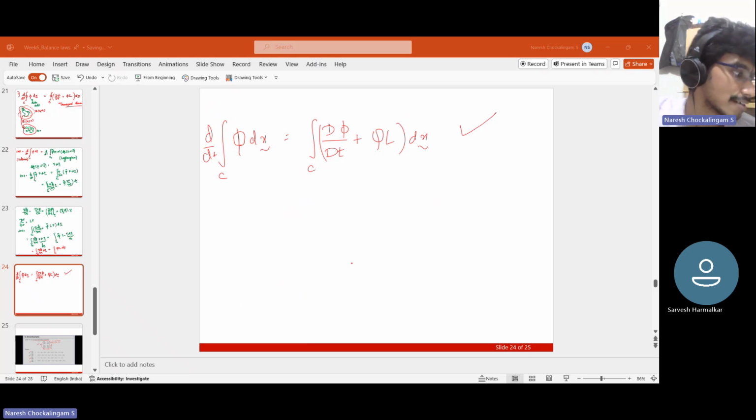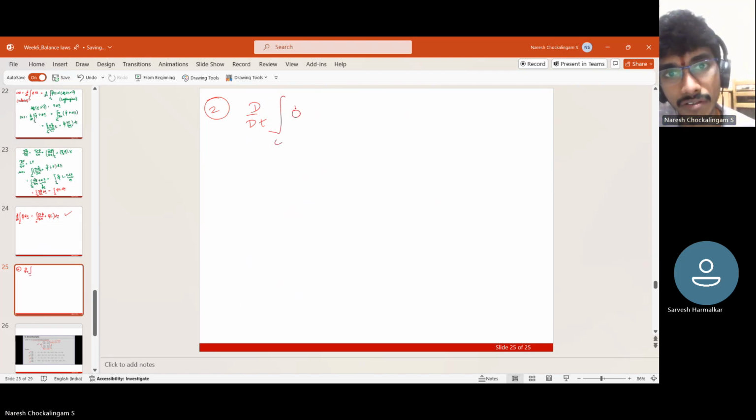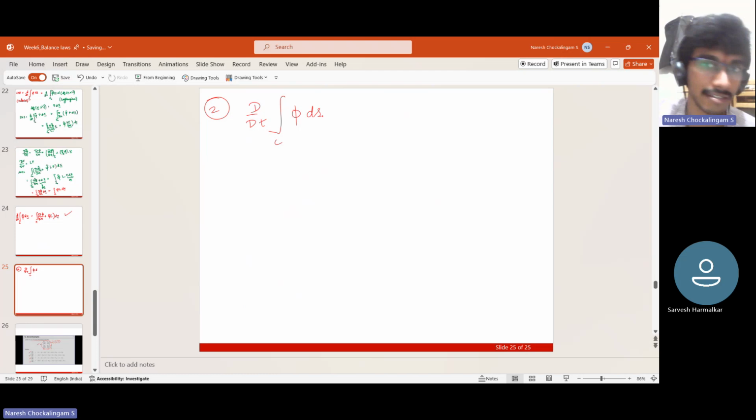Then let us look at another simple theorem. This is another transport theorem, the second one: d by dt of the integral over C of phi ds. Here ds is a scalar, so the net result has to be a scalar.